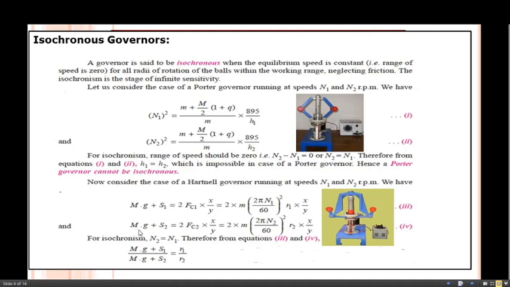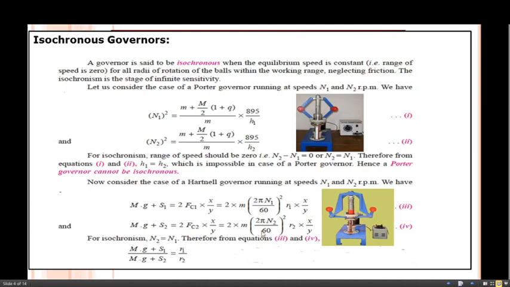Similarly, corresponding to the maximum radius of rotation, we get this relation. Replace this omega 2 term by 2 pi into n2 divided by 60. Now for isochronism, n2 must be equal to n1.